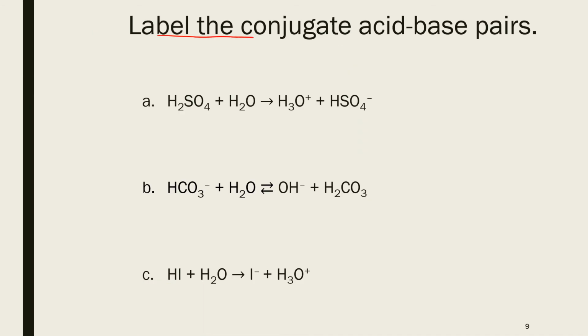Let's label the conjugate acid-base pairs. Remember, in the Bronsted-Lowry definition, the substance which donates the proton is an acid. So in this example A, H2SO4 is donating the proton, and after it donates the proton, that is the leftover part. Because it's a proton donor, H2SO4 is the acid and HSO4- is the conjugate base.